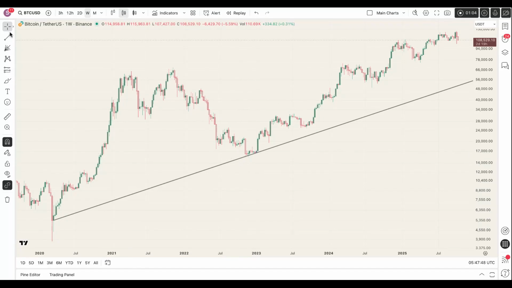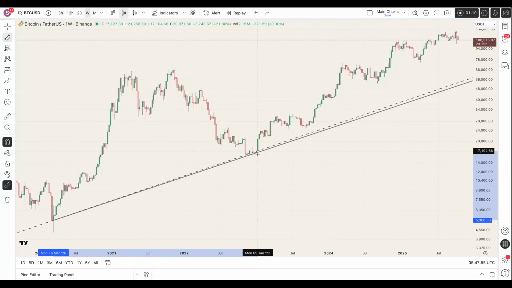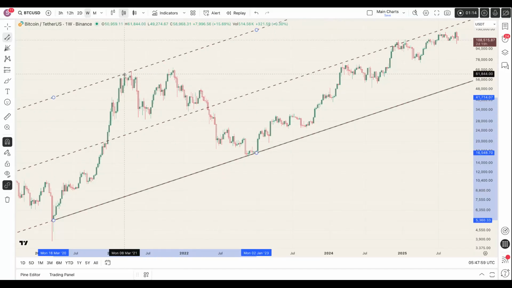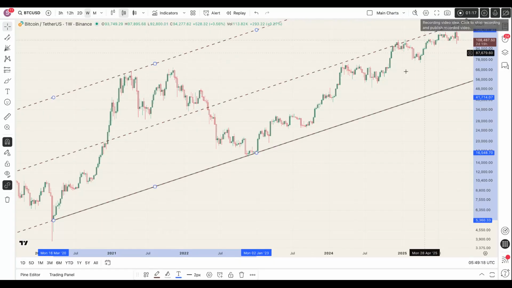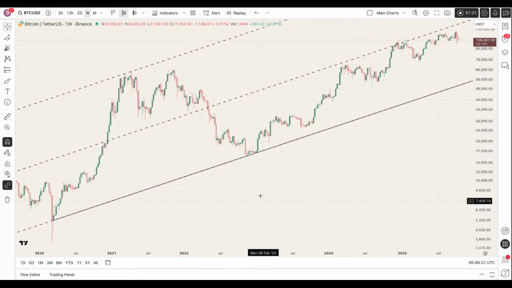Now I'll take a channel, anchor it at the same points. There you go. All right, so I've covered the trend line with the channel, and you can see what happens here at the top. It matches perfectly. Okay, so we can keep that line.